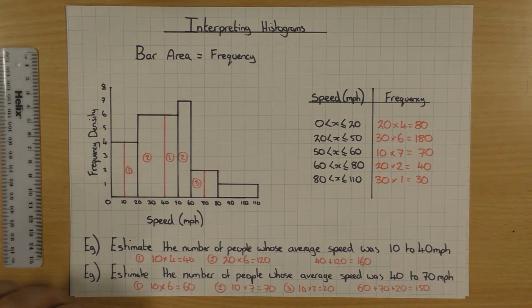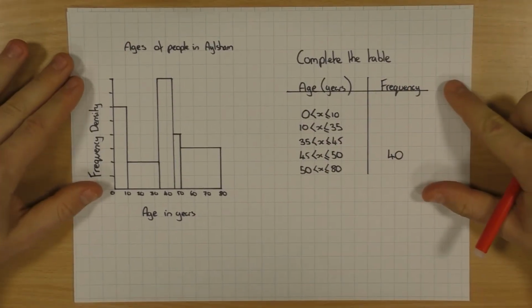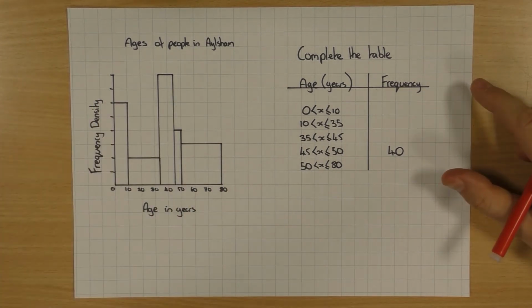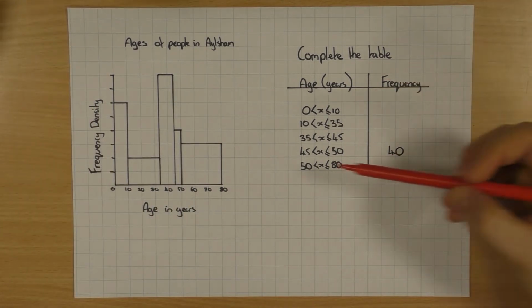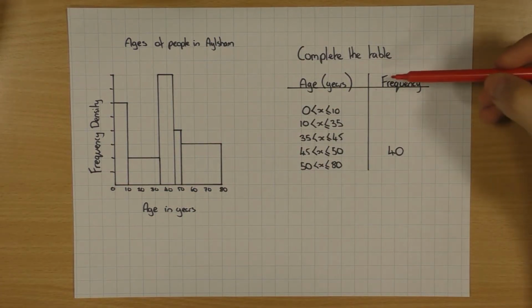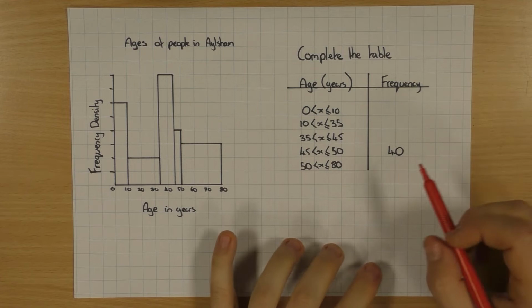Right, let's have a look at another type of question that you may have. In this one, I have my histogram here. I don't have any values for my frequency density, and I have one value for my frequency, and I need to complete the table. Okay, so let's work with what we've got.